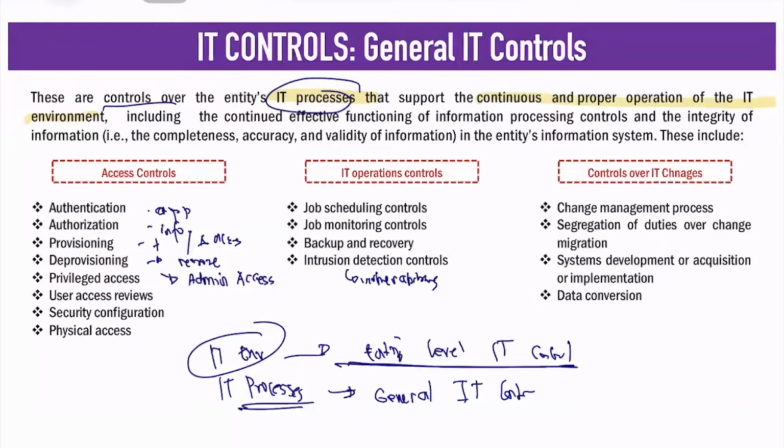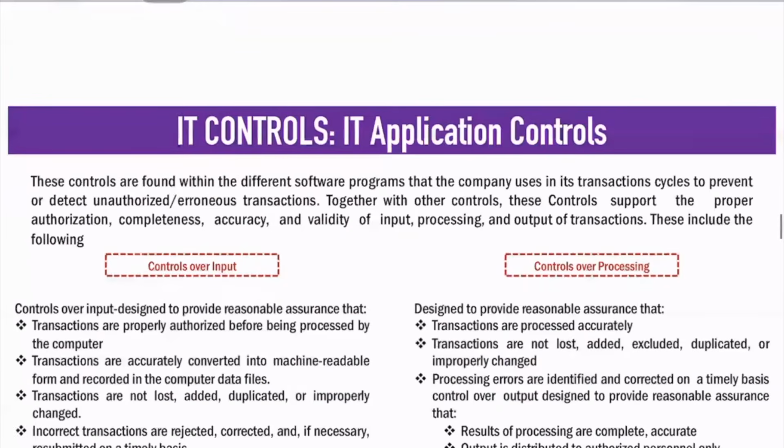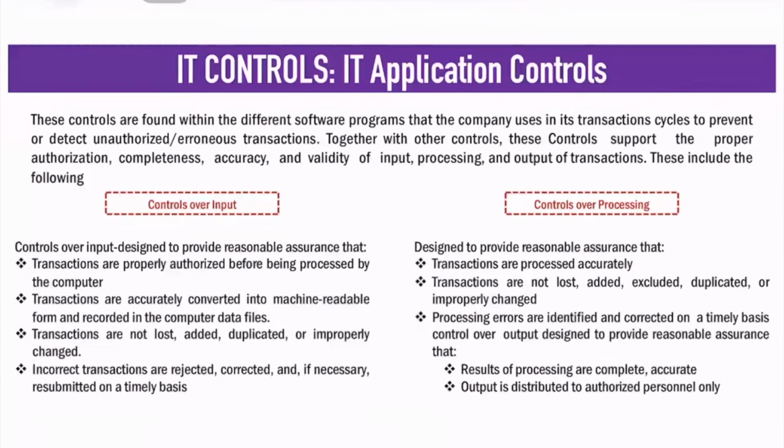Training. So those are entity level IT controls. Now for IT processes, we have your general IT control, which is composed of access control, IT operations control, and controls over IT changes.